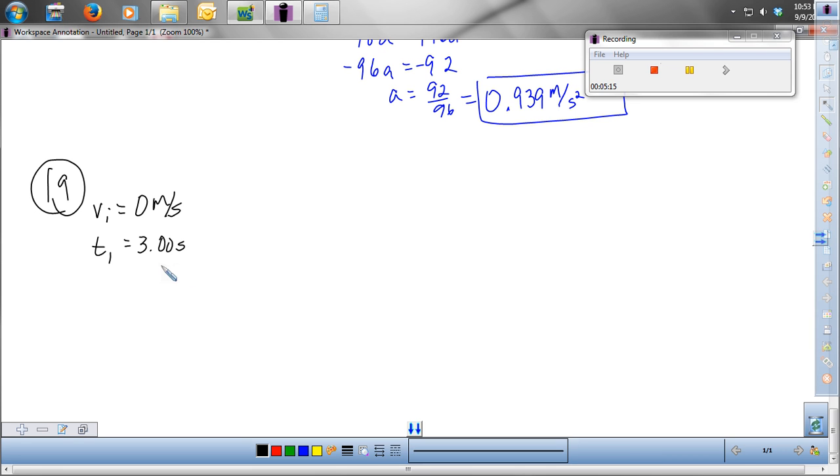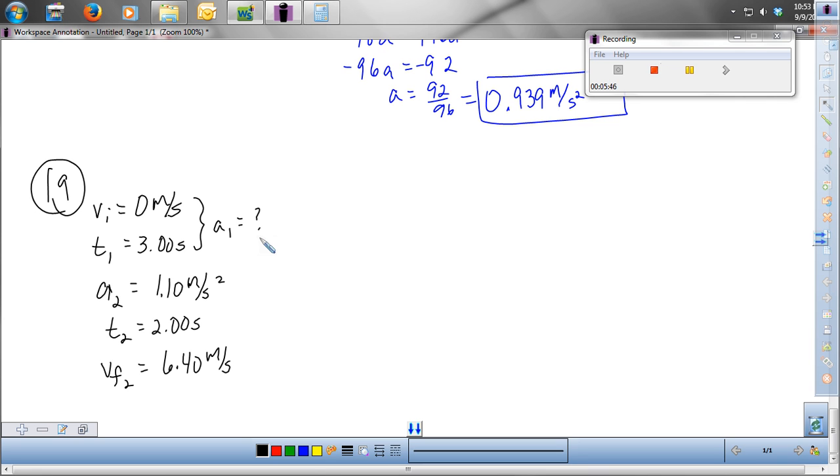Then within a negligible amount of time, he changes his acceleration, so I'm going to call that A2, is 1.10 meters per second squared. And he maintains that for 2 seconds. And at the end of that, he has a final speed of 6.40. And they want to know what was the acceleration here.